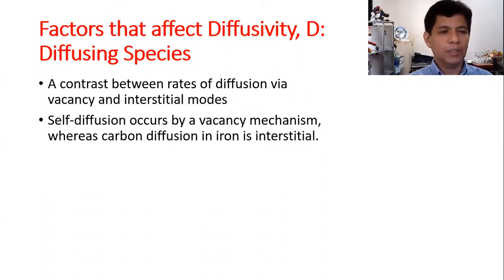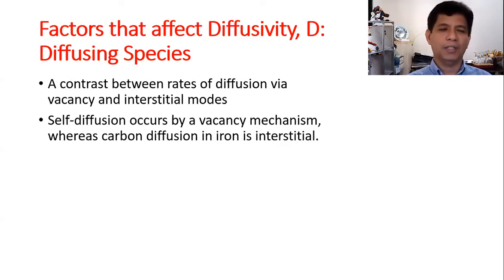A contrast between rates of diffusion via vacancy and interstitial mode. Pag yung carbon kasi magdi-diffuse sa iron crystal, interstitial yon. Mabilis yon, di ba? Kasi maliit lang yung carbon tapos palagi pang may interstitial space. Kaya mabilis. Pero halimbawa, yung iron, magdi-diffuse siya dun sa mga vacant spaces.